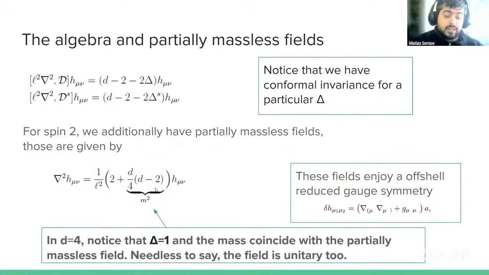In the strictly massless case, we have the usual gauge transformation that is like the diffeomorphism, but we can have a partially massless field that has a reduced gauge transformation. It goes like this. So A is a scalar, so it only works on scalars. It doesn't work on every vector, like we did before. So this is a very particular case.